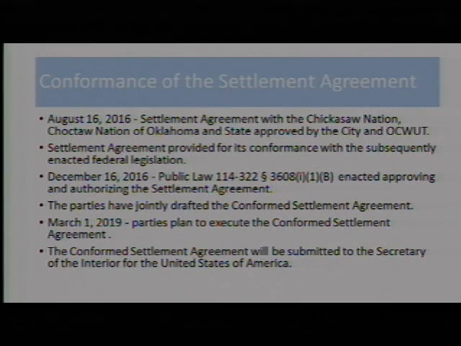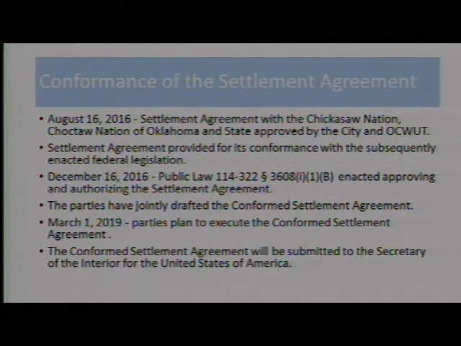The settlement agreement itself provided for conformance of the agreement in the future after federal legislation was passed. Federal legislation was necessary in order to authorize the settlement, both in their role as trustee of the Native American nations and their role through the Department of the Interior.